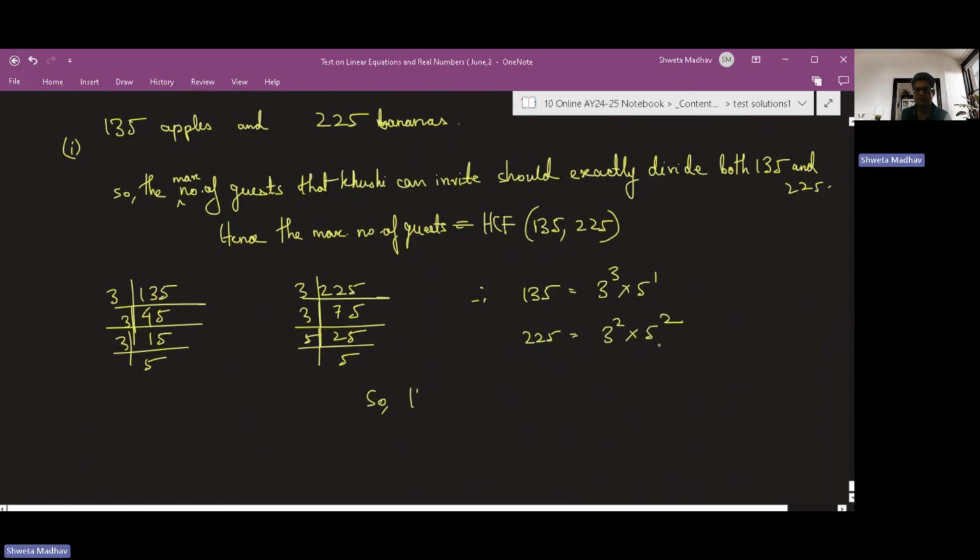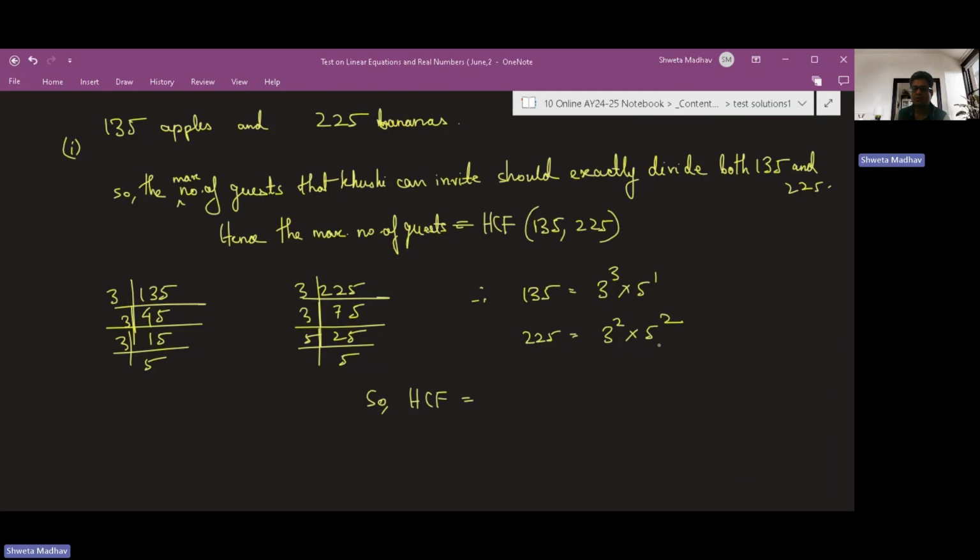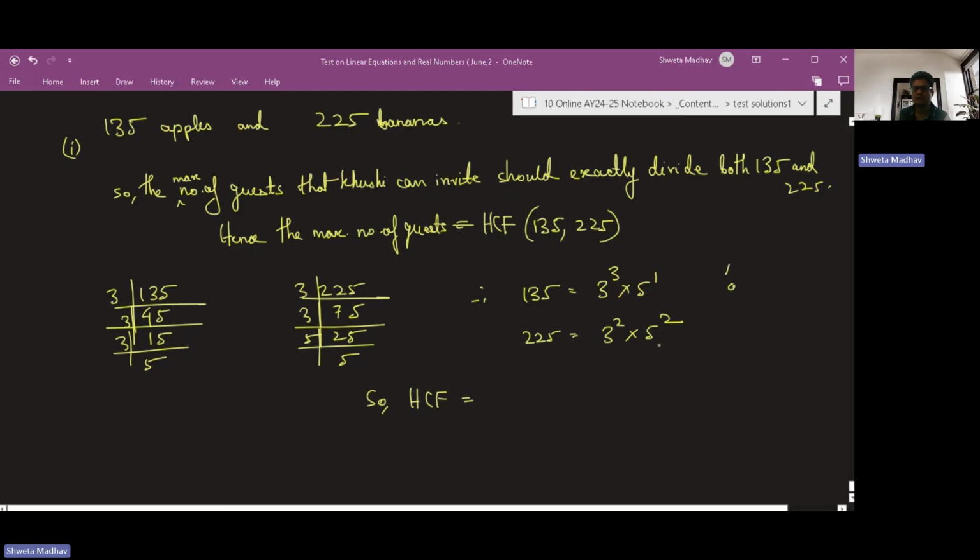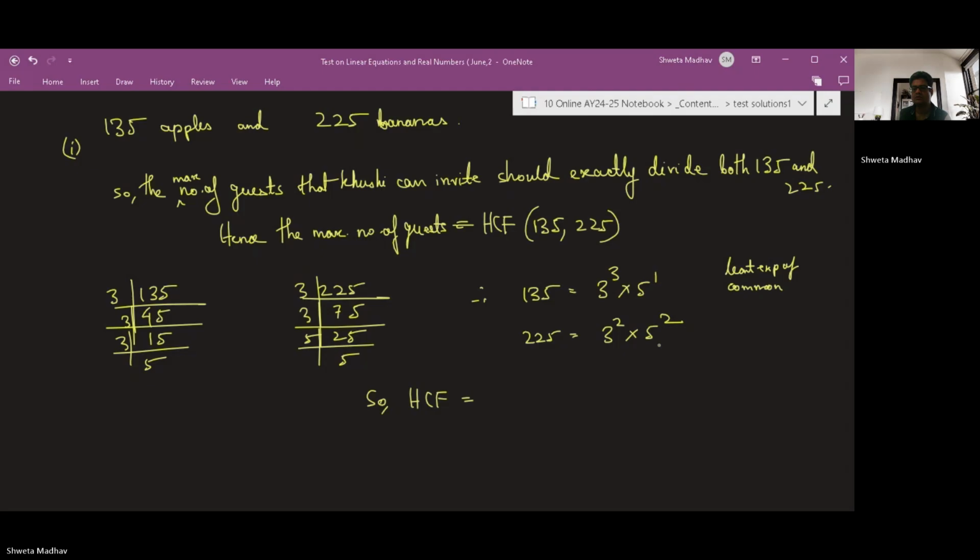So now the highest common factor of 135 and 225: we have to take the product of the least exponents of the common prime factors. 3 and 5 are common prime factors.